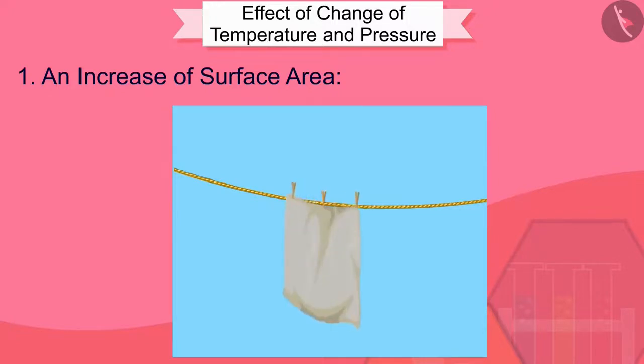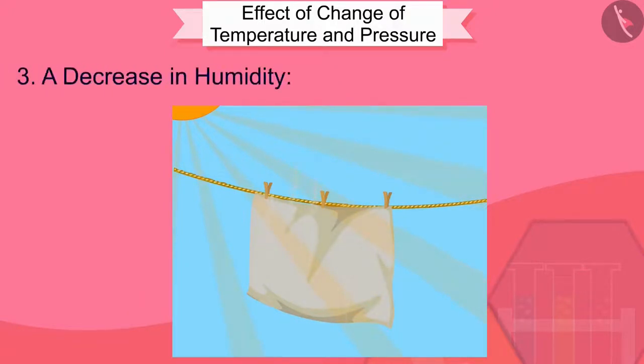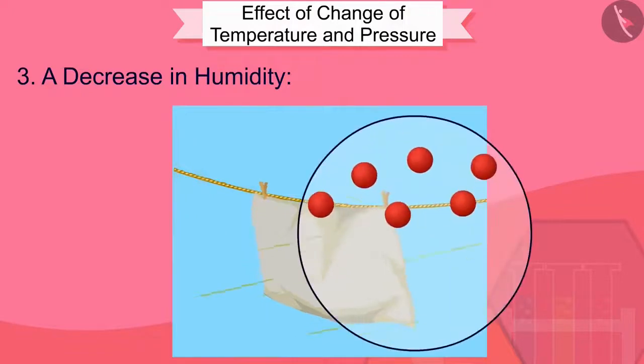For example, while putting clothes for drying up, we spread them out. An increase of temperature. With the increase of temperature, more number of particles get enough kinetic energy to go into the vapor state. A decrease in humidity.